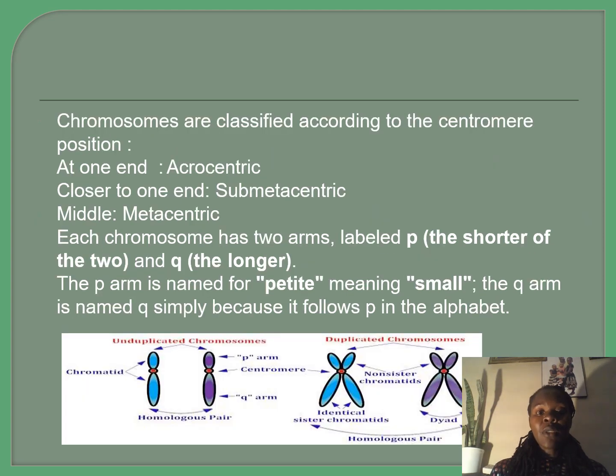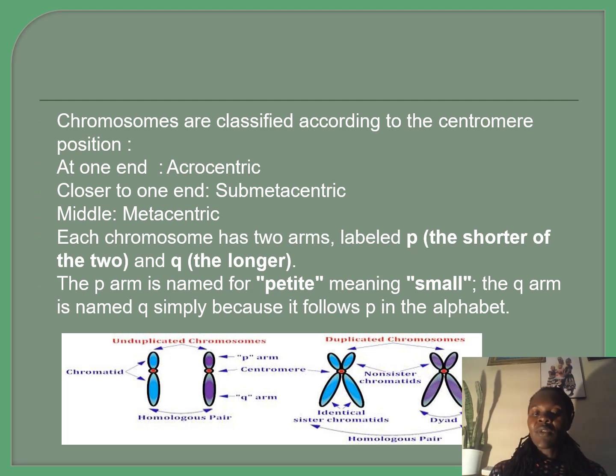So chromosomes are classified based on the primary constriction, the position of the centromere. Based on the position of the centromere, the chromosomes are classified as acrocentric, submetacentric, metacentric, and telocentric.